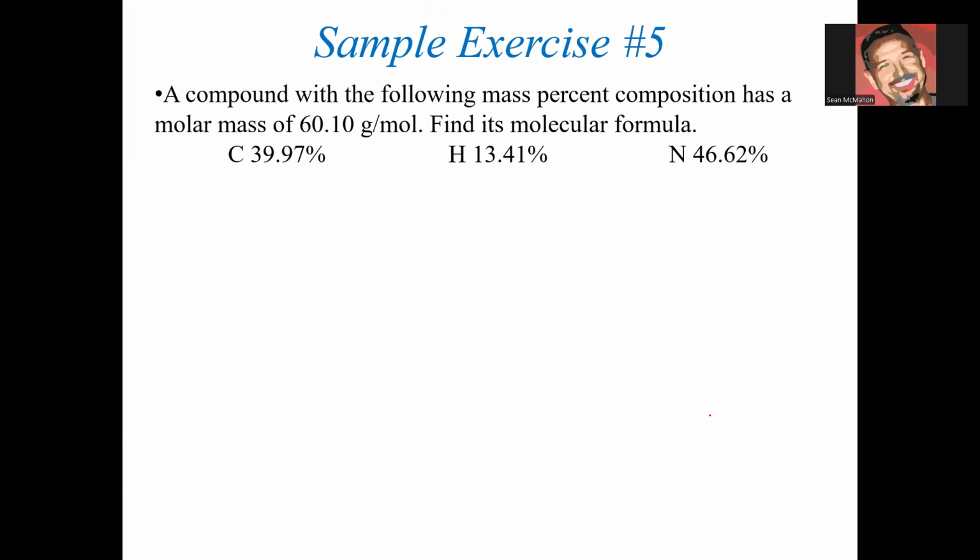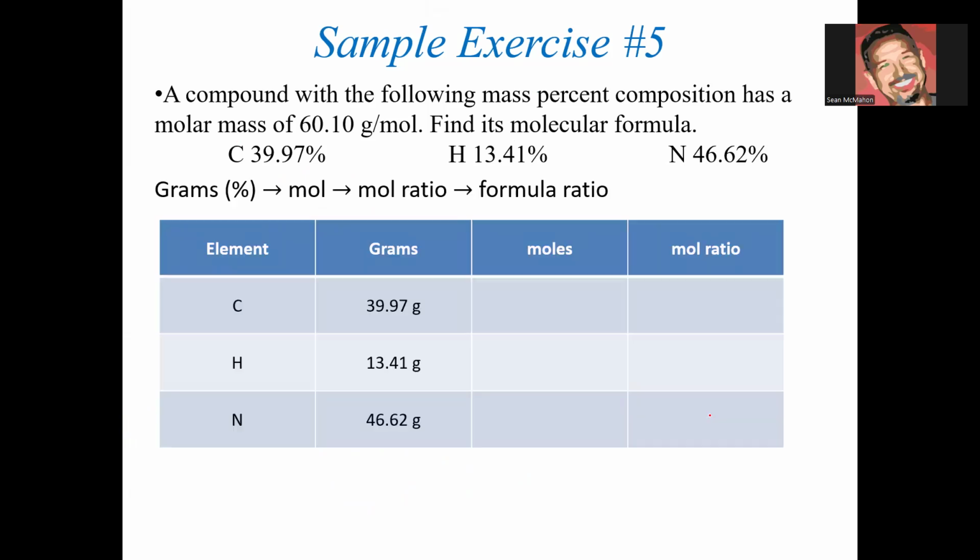We also did calculations where we would be given the mass data, and that's also why we had to learn mole calculations, going from mass to moles using molar mass. And given percentages, we can convert these percentages and just assume that we had 100 grams. In this example, we had 39.97%, which is equivalent to grams of carbon, convert the percent of 13.41 to grams for hydrogen, and the 46.62 grams of nitrogen.